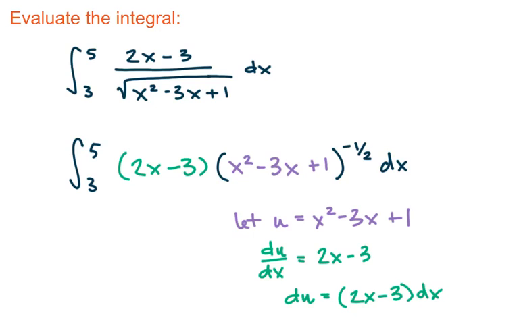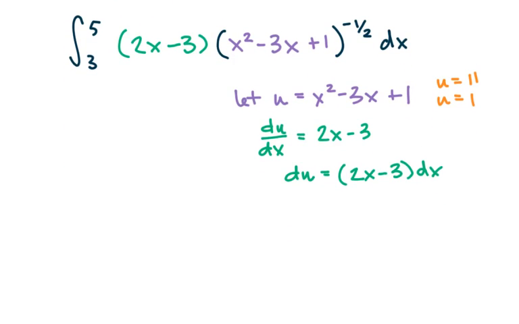So since I had 5 and 3, I'm going to plug both of those in to x and determine what my u value is. Doing those, I'm going to end up with u going from 1 to 11. 3 squared minus 3 times 3 plus 1 is positive 1, and 5 squared minus 5 times 3 plus 1 is 11.